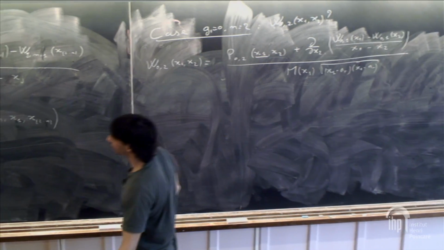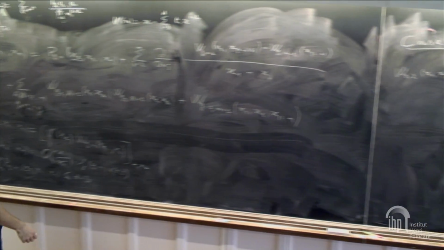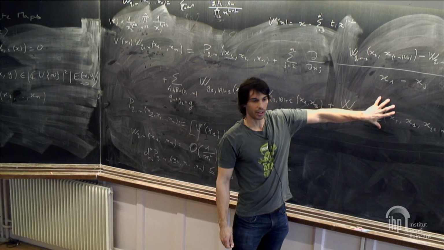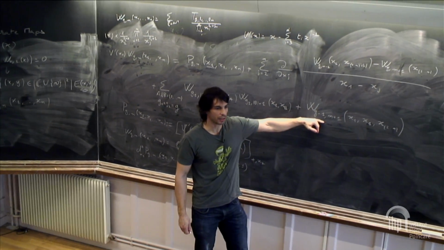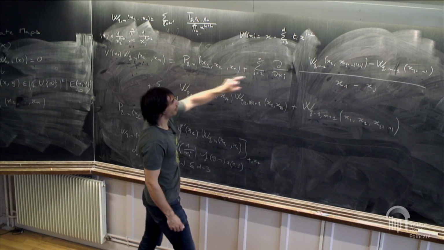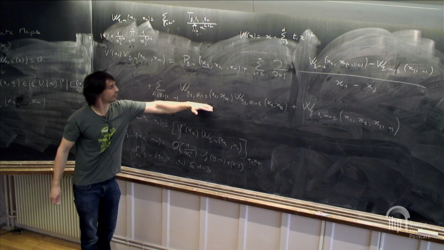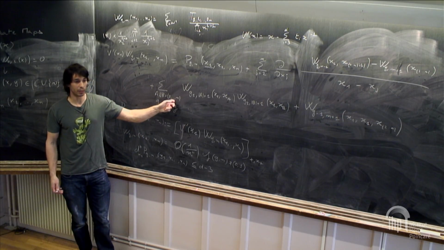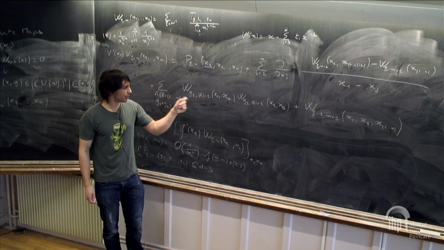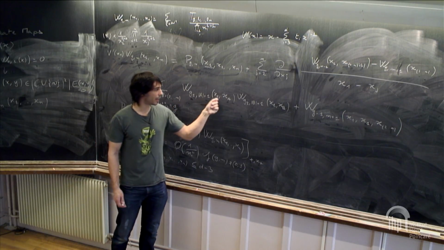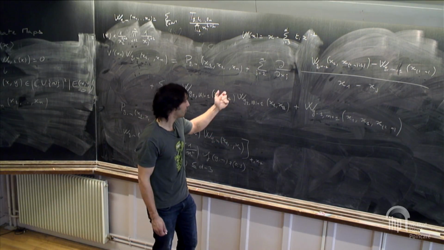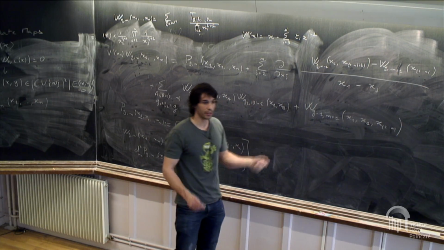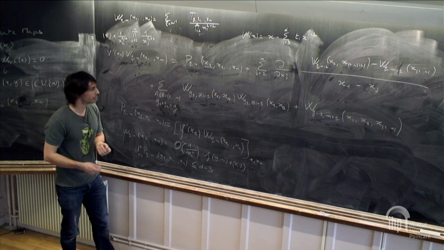Let me tell you what I did here. I just took this equation for g equals 0 and n equals 2. This is not there, because I need g minus 1 to be positive. This is there, this is there. And what do I have here? I don't have much. I just have that A and B should give me 2. So I have W_{0,2} of x1, x2 times W_{0,1} of x1, just one possibility, and I've got two possibilities, so a factor 2.